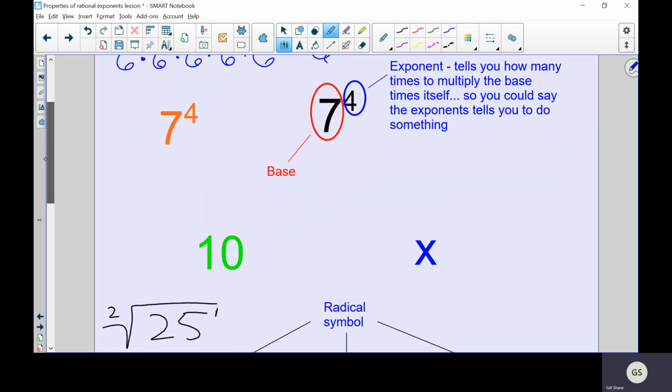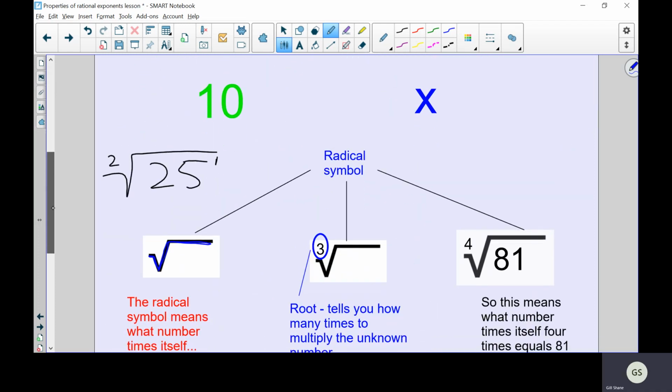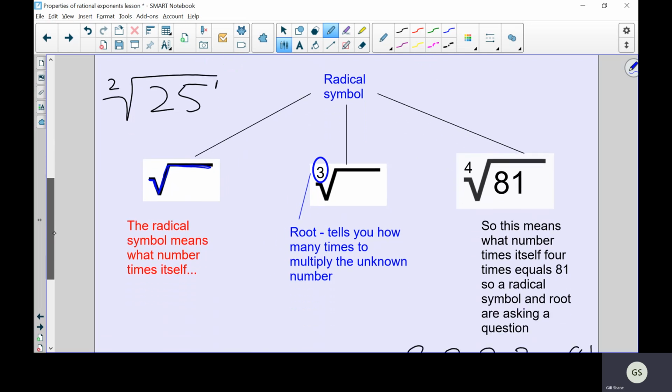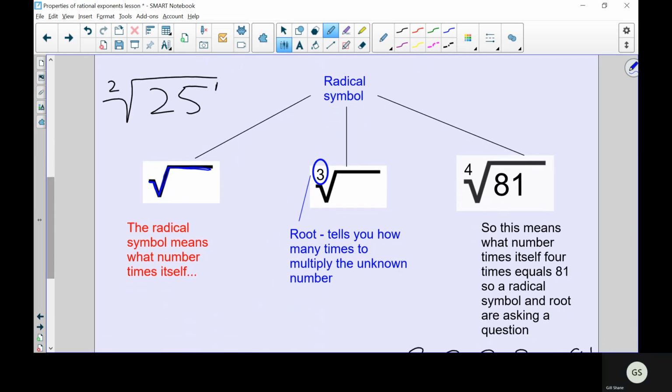All right, now write this. This is different than exponents. It's related, but it's not the same thing. Don't write the 25 with the 2 and the 1 yet. I'm going to do something with that, but we'll start it from scratch.